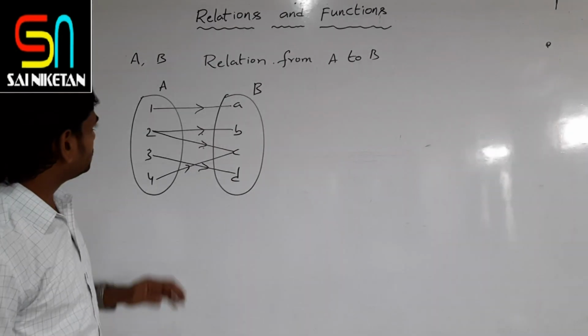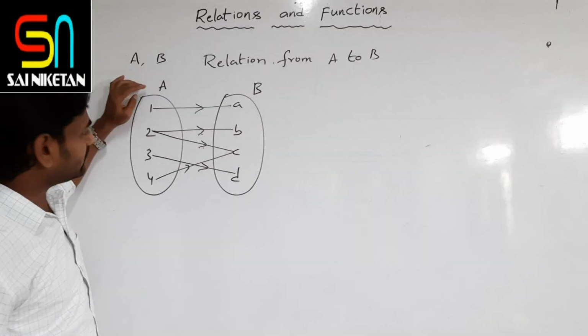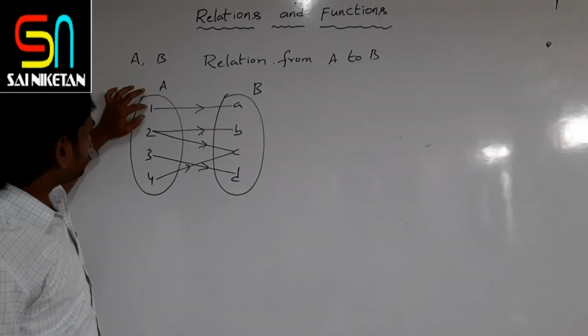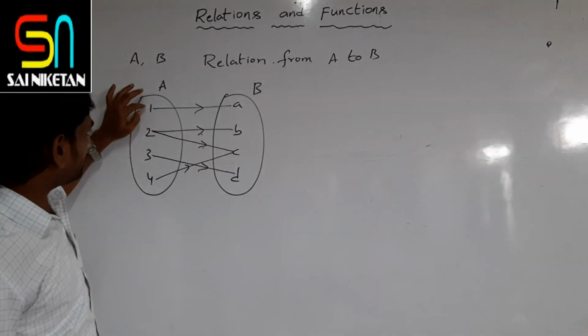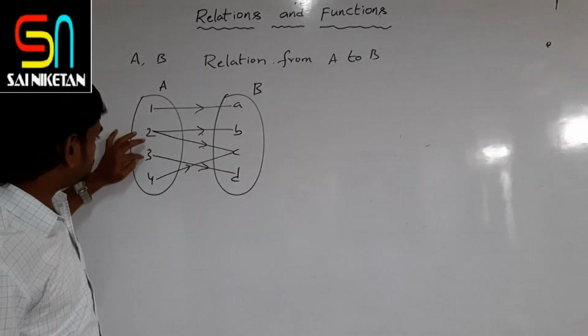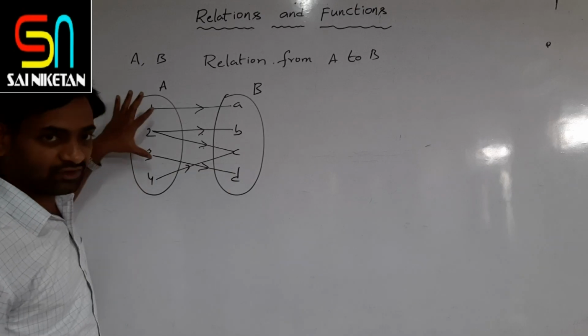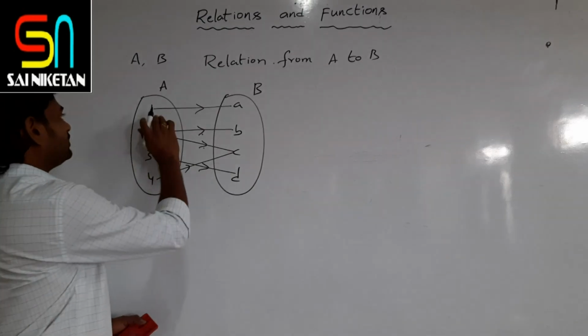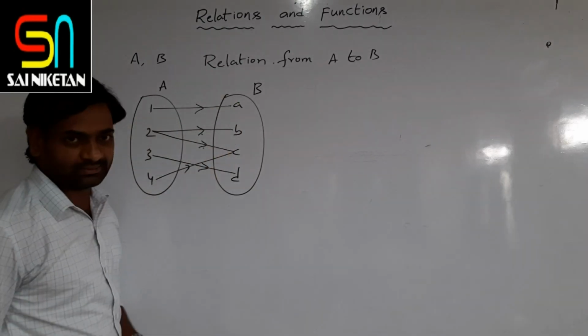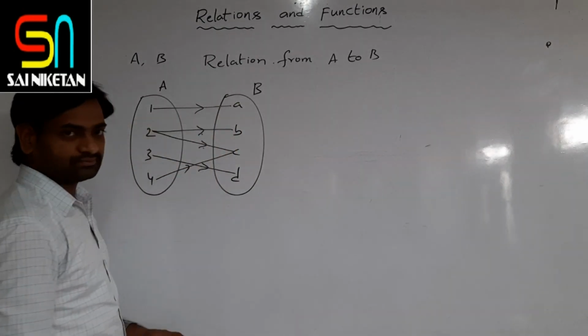Now see here, first we have to check in the set A whether every element is in the mapping or not. If you observe here, 1, 2, 3, 4, these four elements have the mapping. That is clear. For the 1, how many mappings do we have in B? Only one mapping.